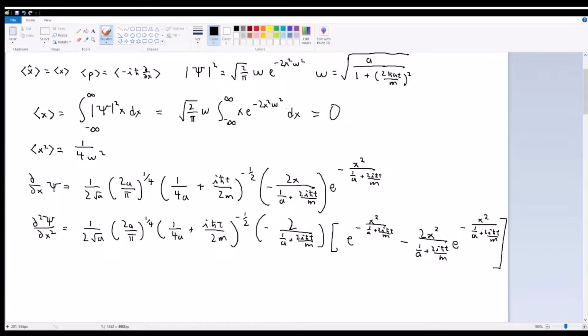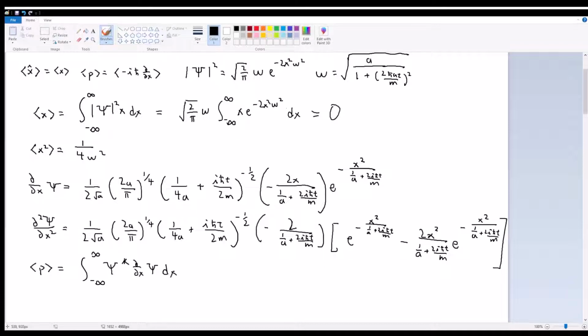Okay, let's do psi. Let's do p hat first. So the expectation value of p is going to be equal to the integral from negative infinity to infinity of psi star times d by dx of psi.